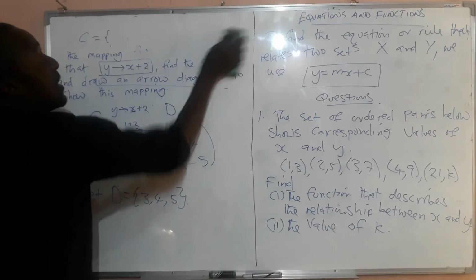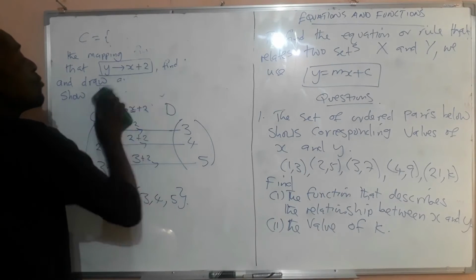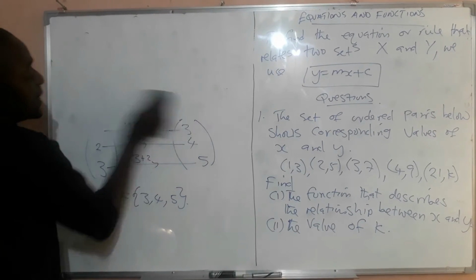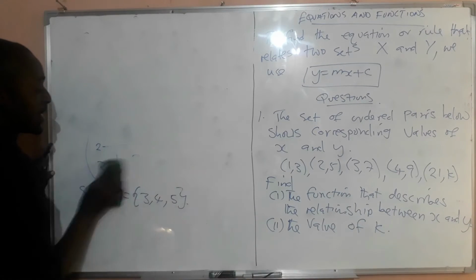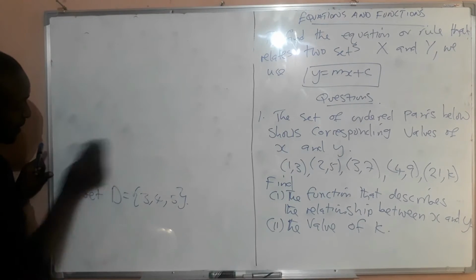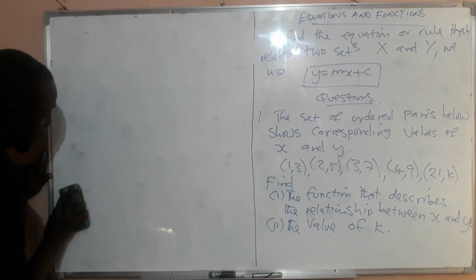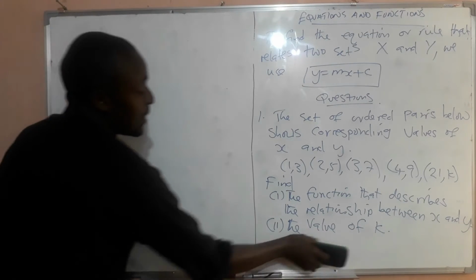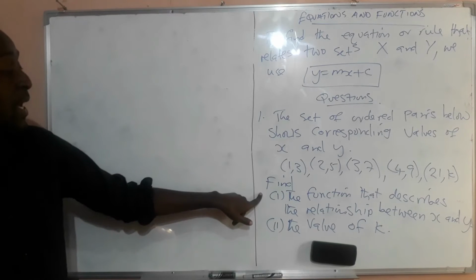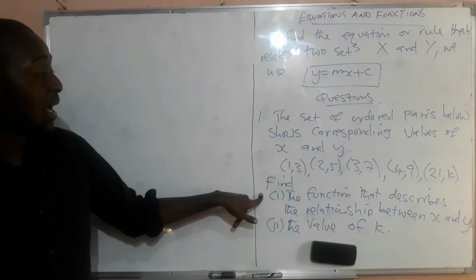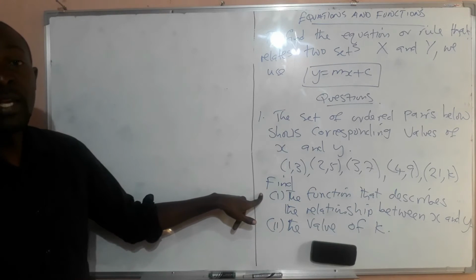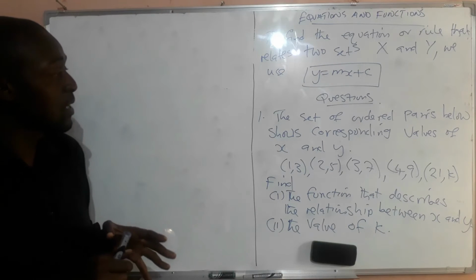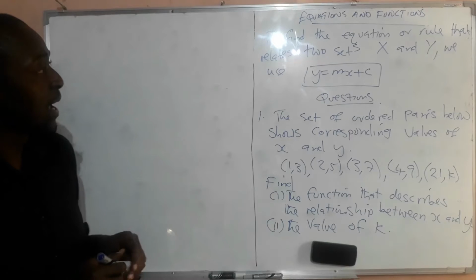Okay, so we are now going to see how to find the function or the relationship between x and y. Okay, so I'll start by drawing the arrow diagram here. Of course, you don't have to draw it, but I want to show it for ease of understanding, so that we can easily understand what we have.